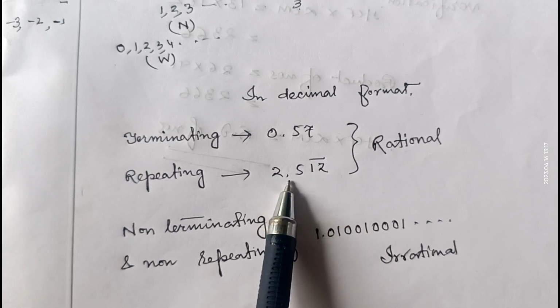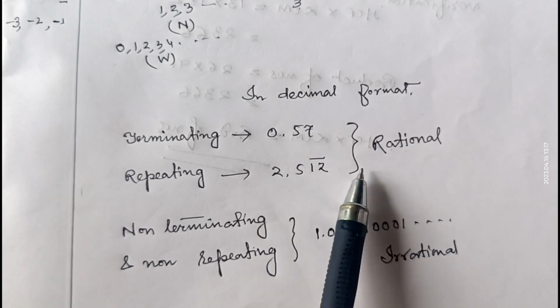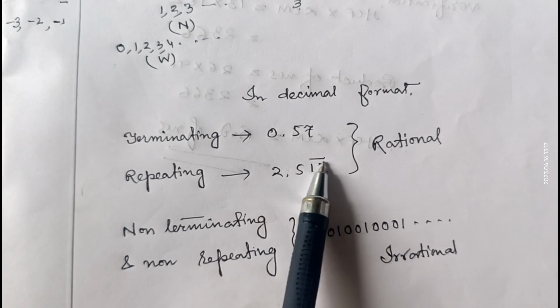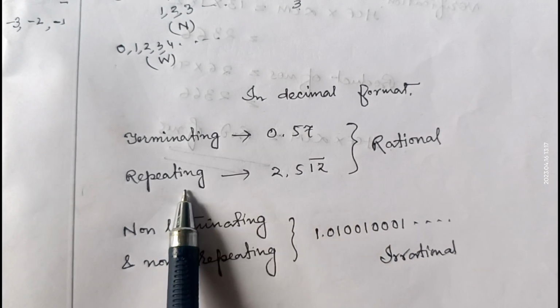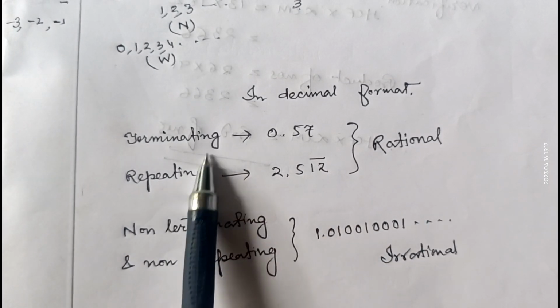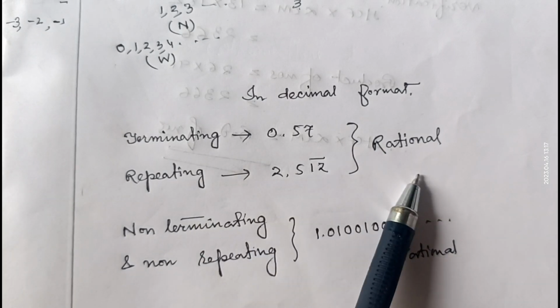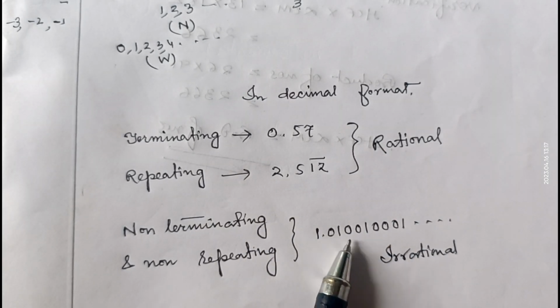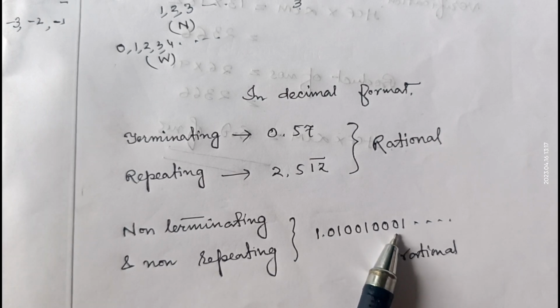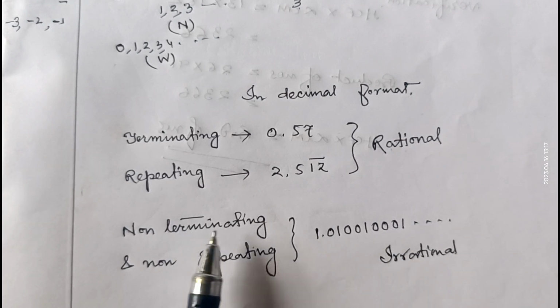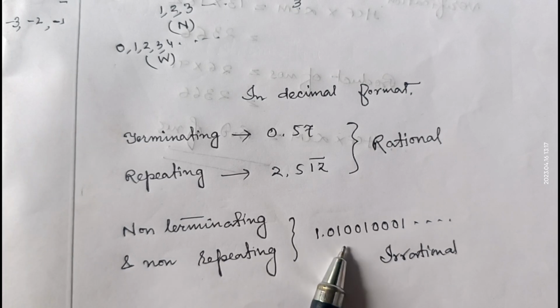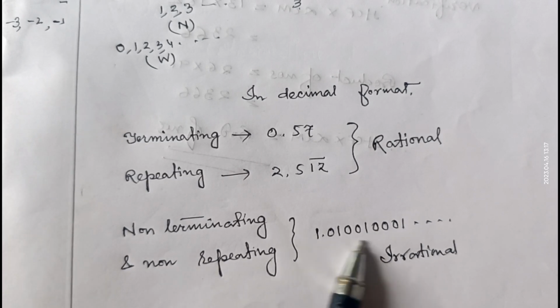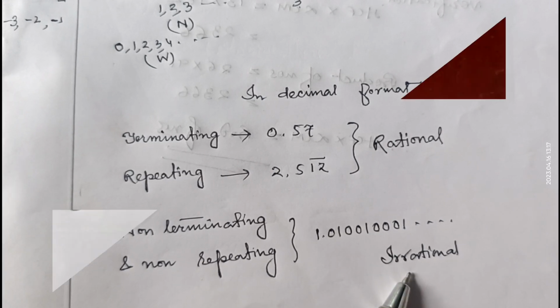So actual number is 2.512, 12, 12 like this. Then these numbers are called non-terminating repeating decimals. In both the cases, we say these are rational numbers. And if the numbers are like this 1.01001000 1 and so on, here neither terminating nor repeating, खतम भी नहीं हो रहा है, repeat भी नहीं हो रहा है, then this type of numbers are called irrational numbers.